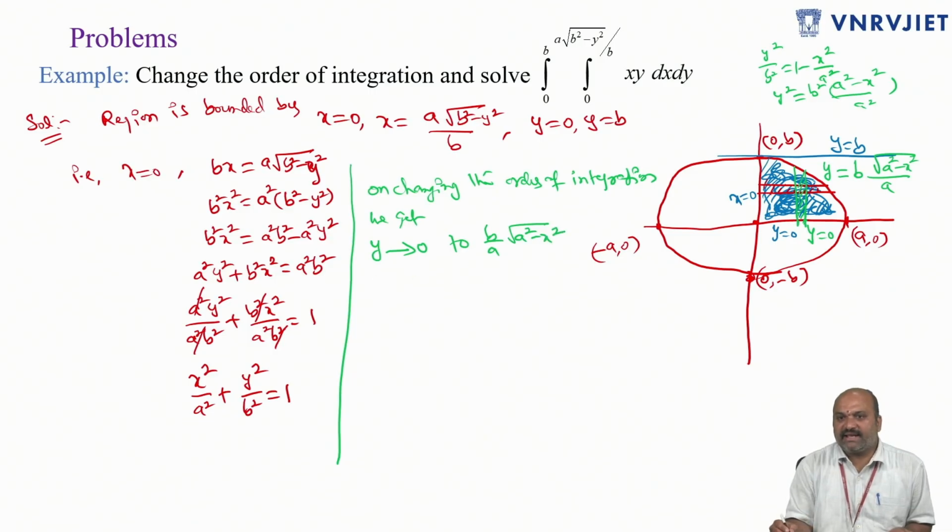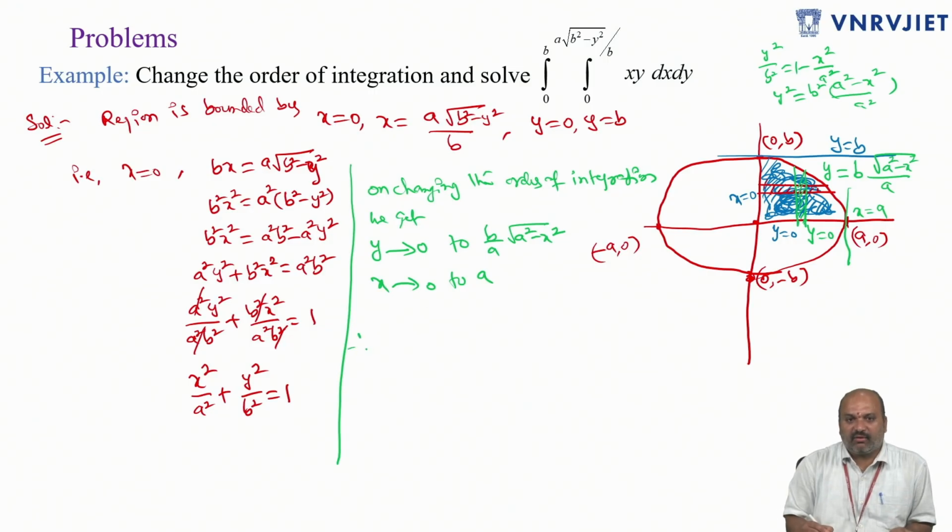And to cover this region, this strip has to slide from the line x equals 0 to the line x equals a. So these are the new limits: x varies from 0 to a and y varies from 0 to b by a root over a square minus x square.